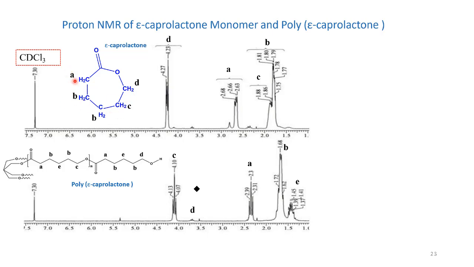Proton A has three peaks here. Then proton B has peaks something like this. So these two are B, and then C again has two peaks. This B1 has three peaks, and then D1 has two peaks. Likewise, we can get distinct peaks for different protons.